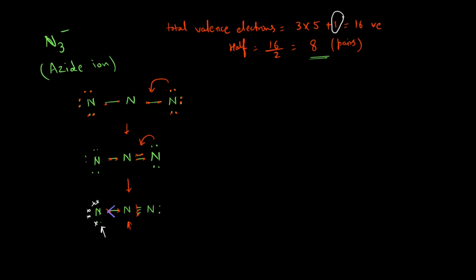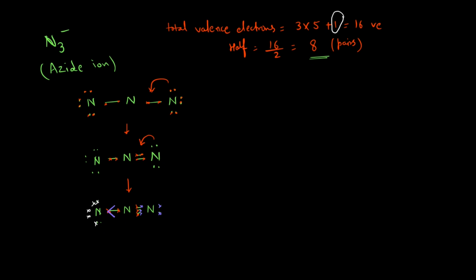Let us now trace the valence electrons of the left nitrogen: 5, 1, 2, 3, 4 and 5. Perfect. So this is one of the Lewis structures.